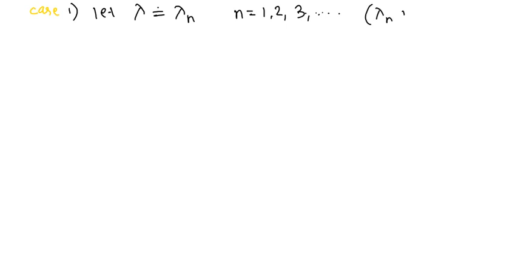So case 1, let lambda be equal to lambda n, where n can take any values, right? Lambda 1, 2, 3 and so on, because there are many eigenvalues. So if suppose lambda is equal to any of those lambda n, where what is lambda n? Lambda n is an eigenvalue.